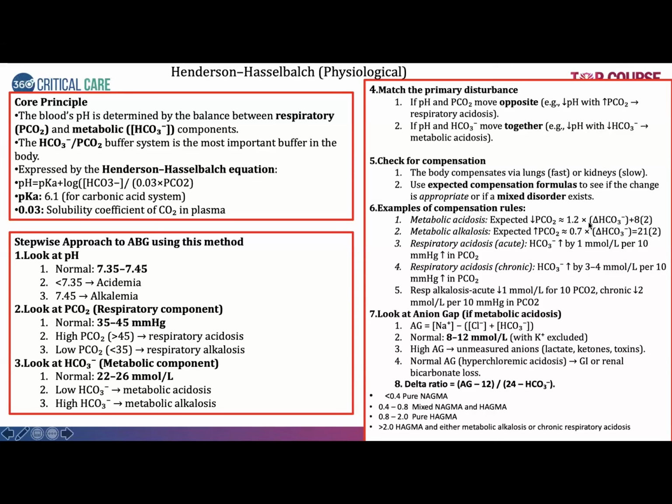So for metabolic acidosis, you have the formula 1.5 times bicarbonate plus 8 plus or minus 2, and for alkalosis 0.7 into bicarbonate. So similarly for respiratory alkalosis and acidosis, for every 10 millimeters change in the carbon dioxide level, your bicarbonate will vary.